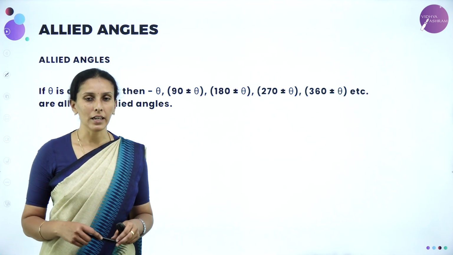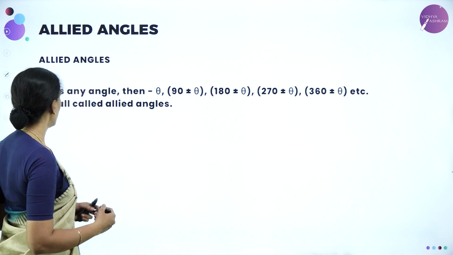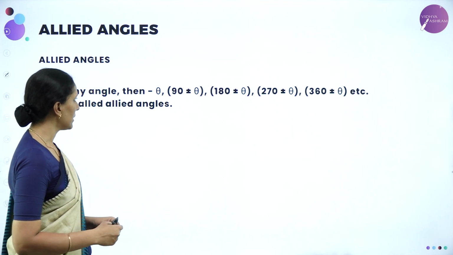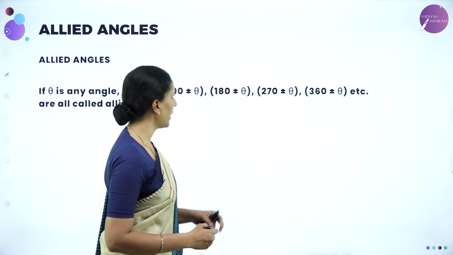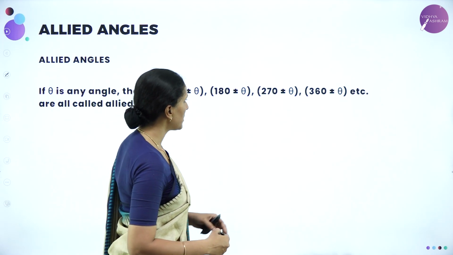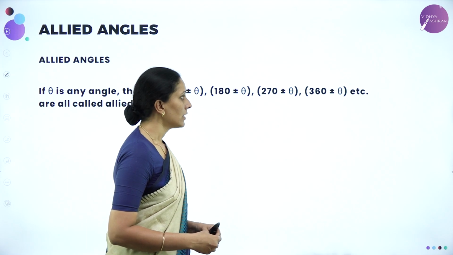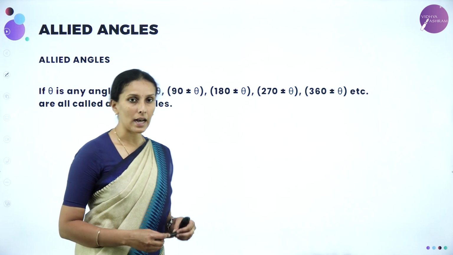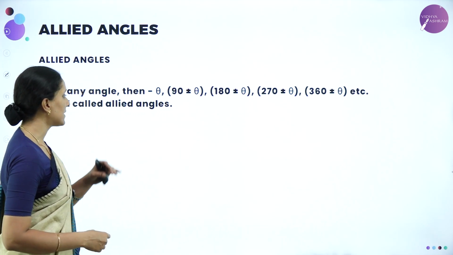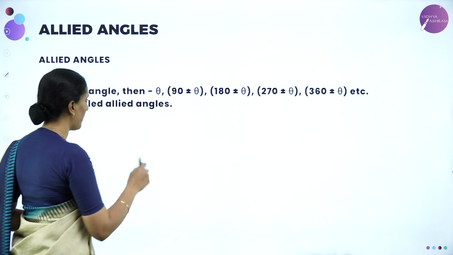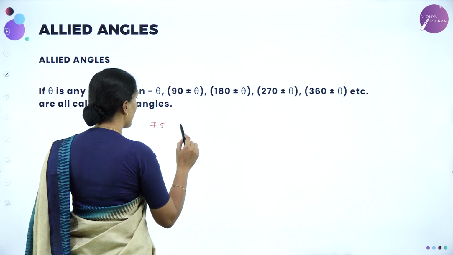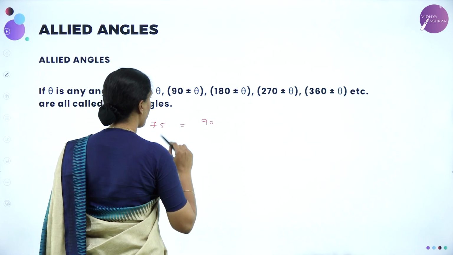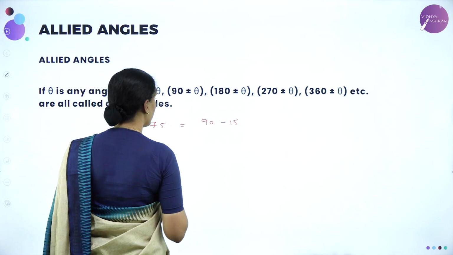Next thing is we are learning about the allied angles. If theta is any angle, then minus theta, 90 plus or minus theta, 180 plus or minus theta, 270 plus or minus theta, 360 plus or minus theta, etc. are called allied angles. For example, 75 can be written as 90 minus 15.